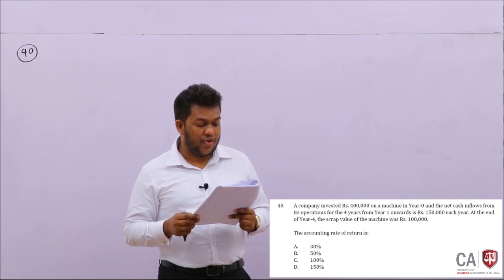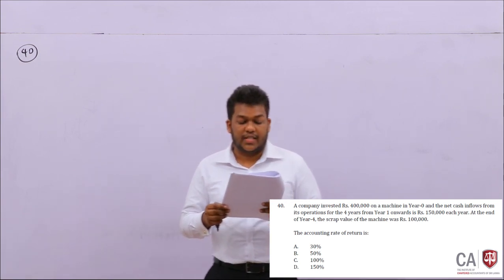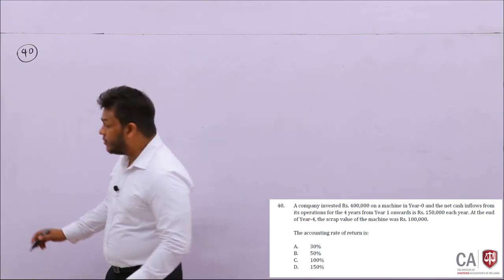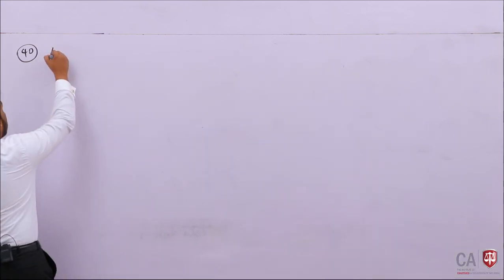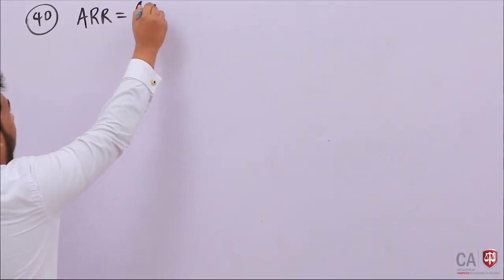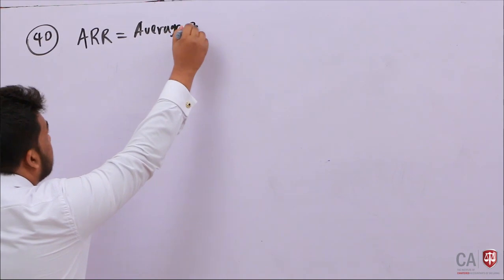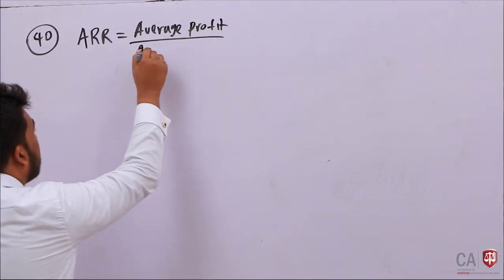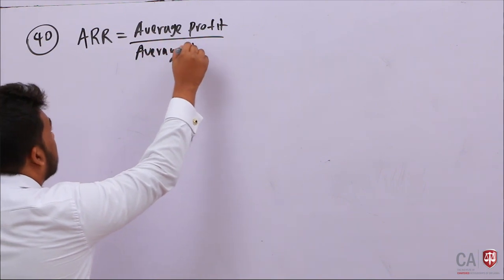At the end of year 4, the scrap value of the machine was rupees 100,000. They are asking the accounting rate of return. So how to calculate it? ARR is average profit divided by average investment.